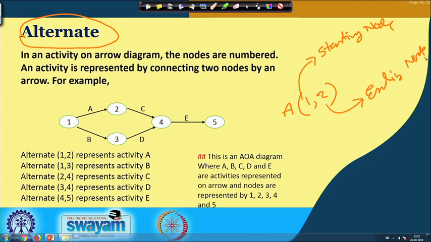So, basically this gives the benefit to analyze the network in a computerized form.